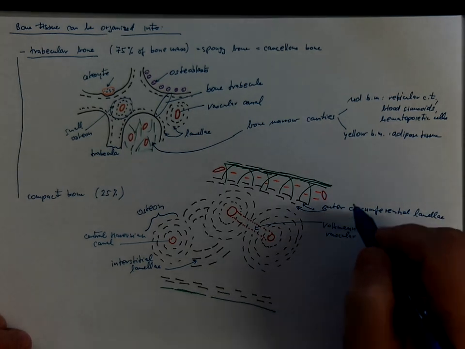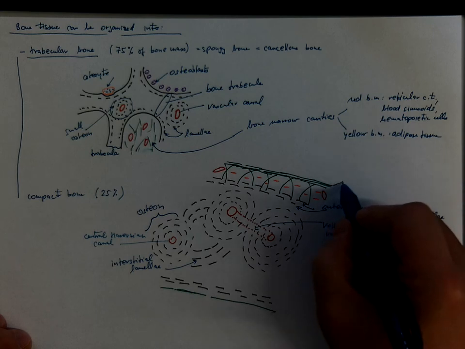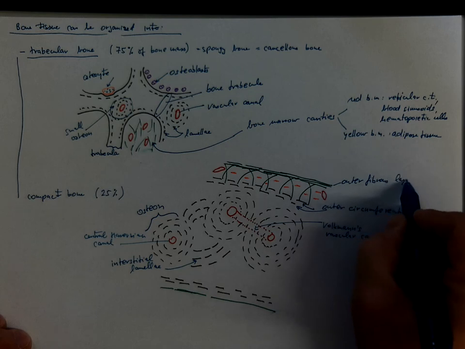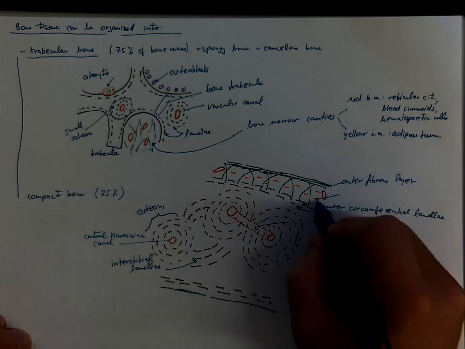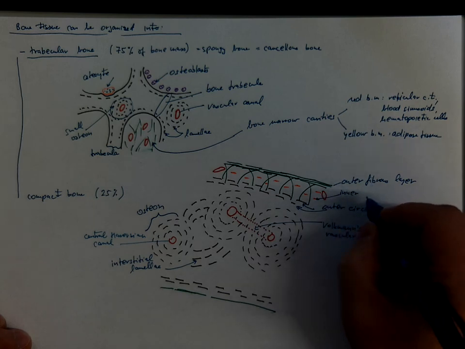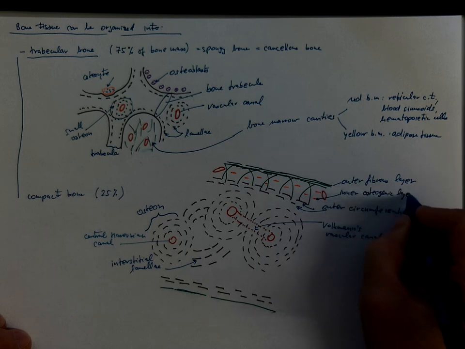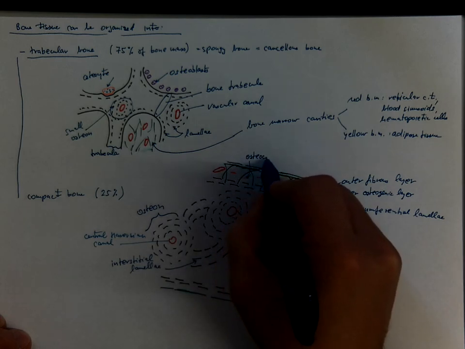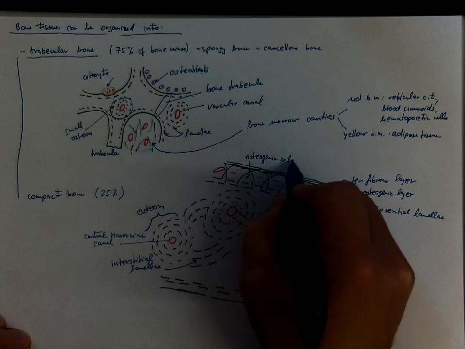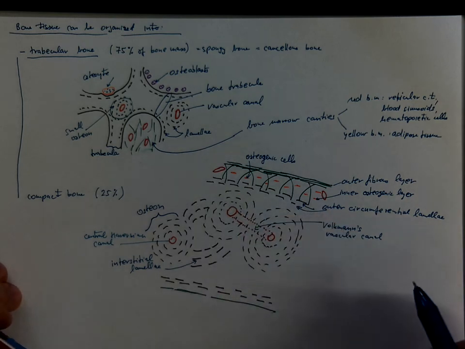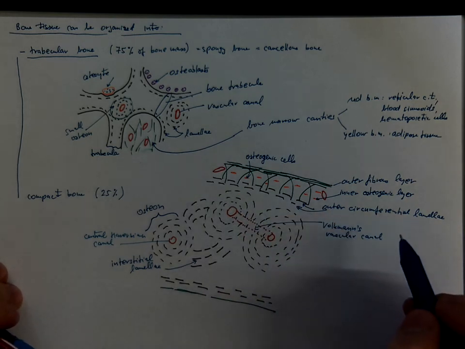And there is the periosteum with the outer fibrous layer, and the inner osteogenic layer, with the osteogenic cells, that will differentiate into osteoblasts, for example, when a broken bone starts its healing.